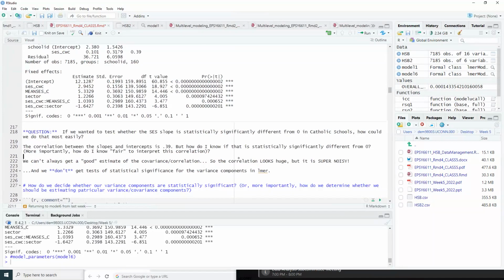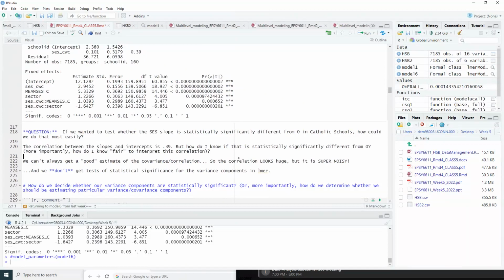Just about mean SES as predicting randomly varying intercepts, with this slope over here, this is showing the fixed effect of mean SES, right? The fixed effect of mean SES really is, mean SES is a level 2 variable.